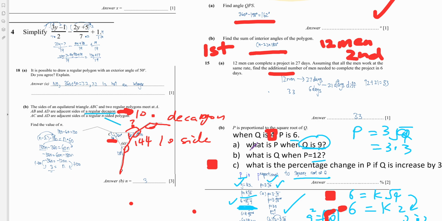Can you mark it with the name for this triangle? Interior, exterior, and reflex. Very good. Okay? So don't anyhow. Okay, good. Next question.